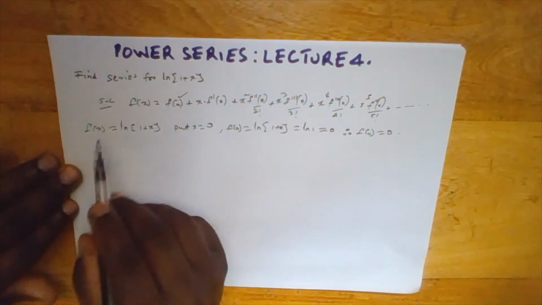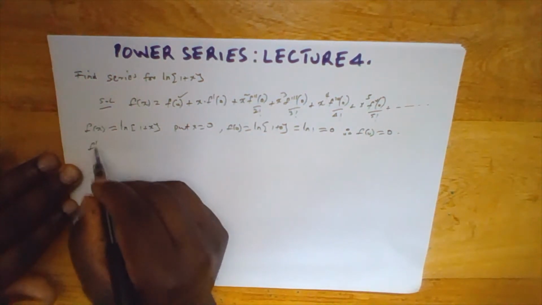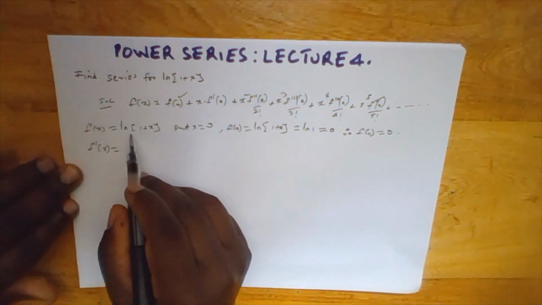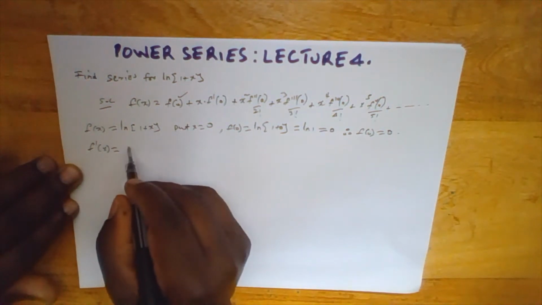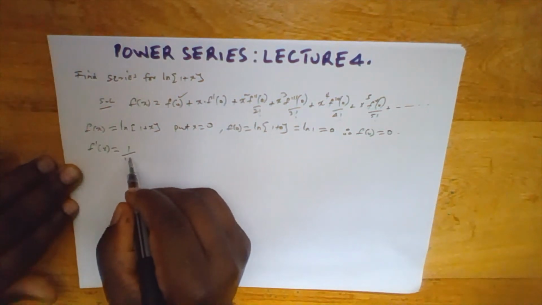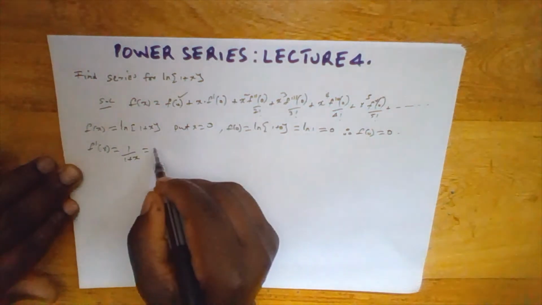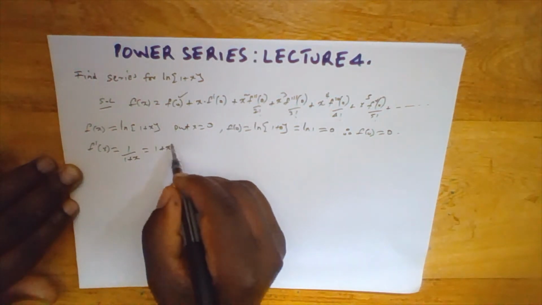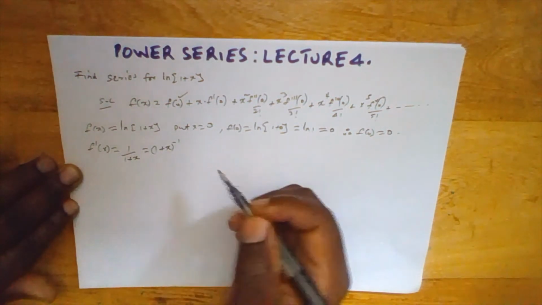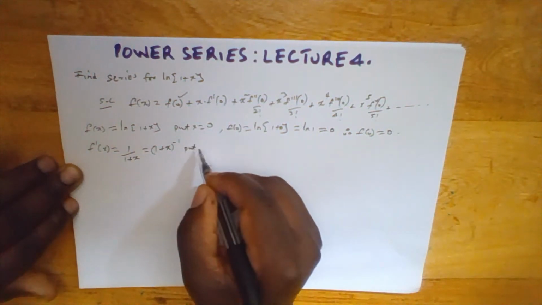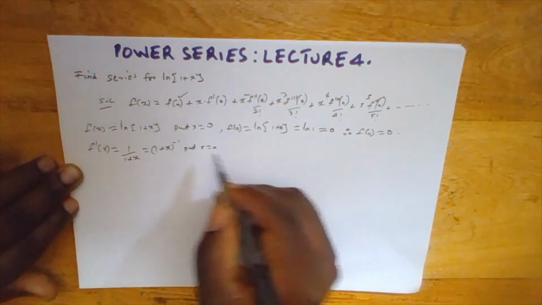When you differentiate f of x, we get f prime of x, which equals, when you differentiate ln of 1 plus x, you get 1 all over 1 plus x. This is the same as 1 plus x raised to negative 1. Then we put x equals 0.